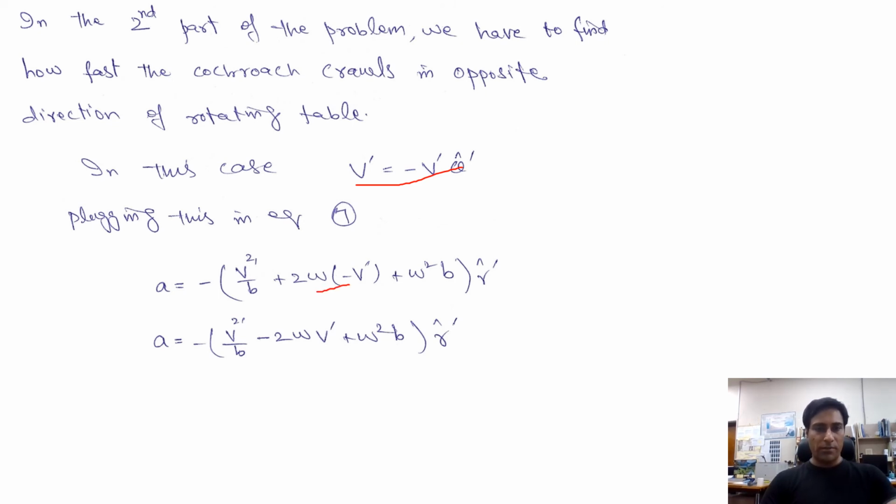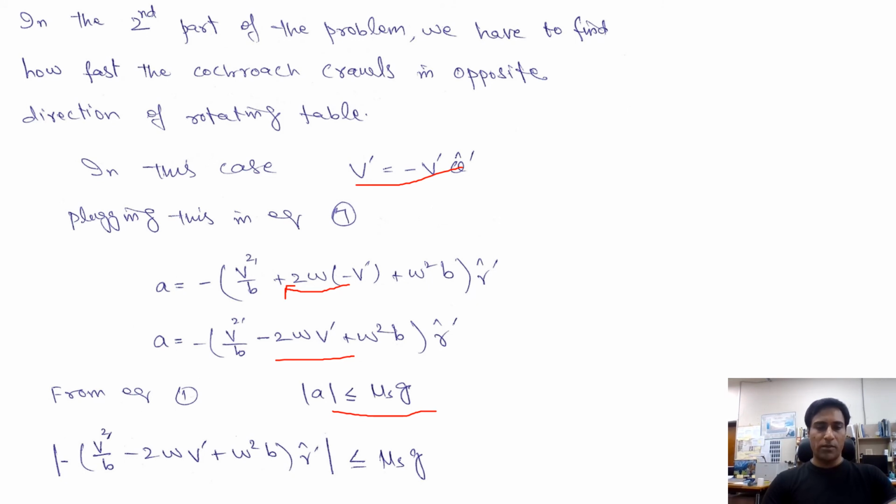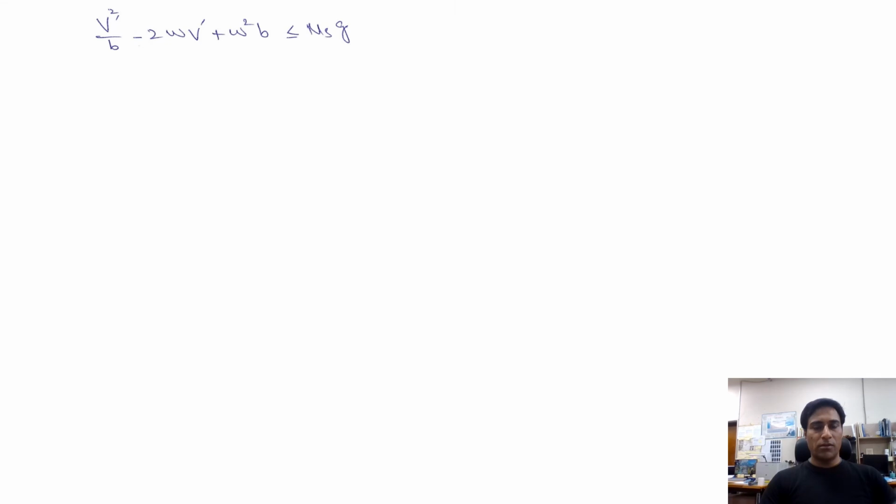Here we took this minus outside, and this is the relation. From equation 1, this is the value of a, so we will put this value of a here. So the term is minus v dash square over b minus 2 omega v dash plus omega square b into r dash unit vector, the magnitude, which is less than or equal to μ.